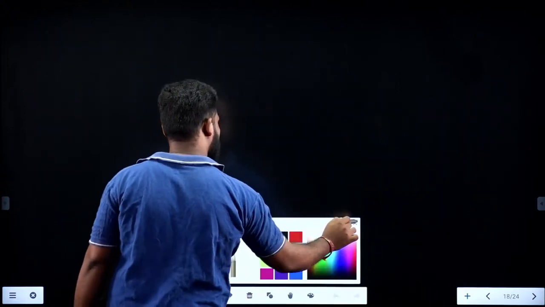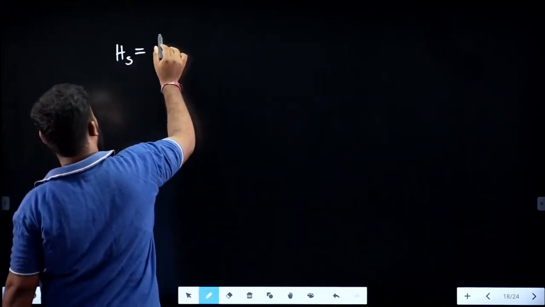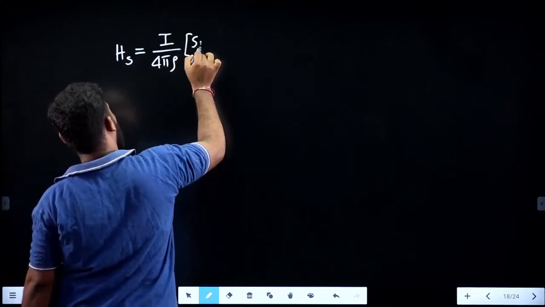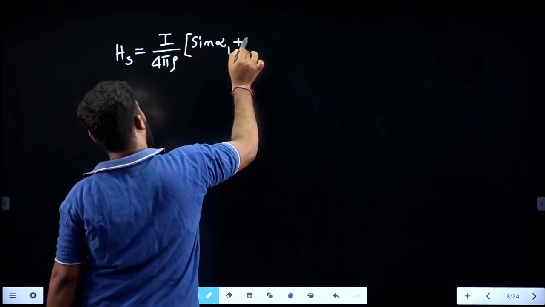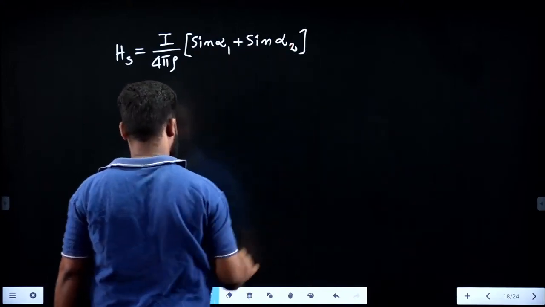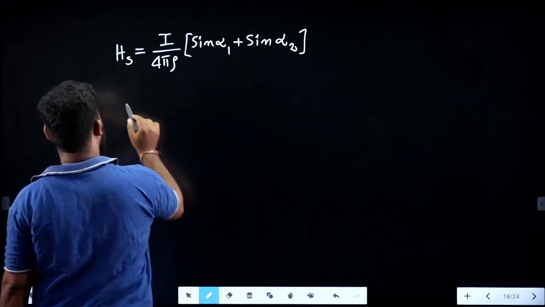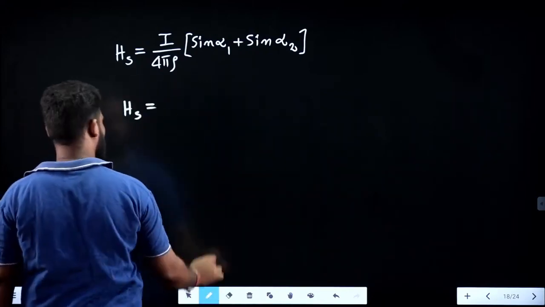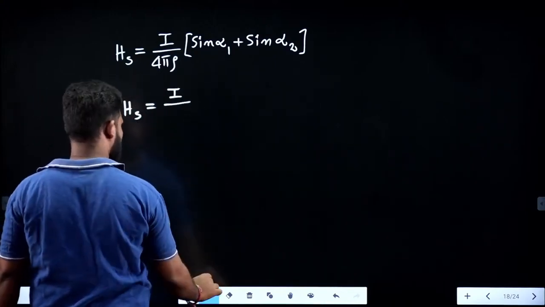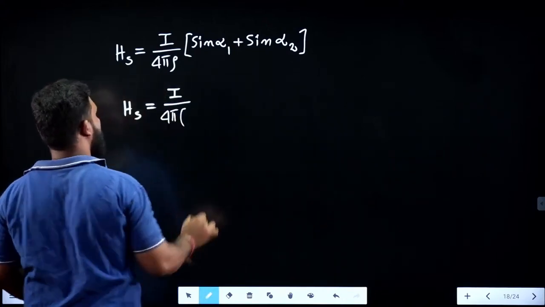What is the formula? H, I'll call it Hs, means the magnetic field due to each side, which is equal to I by 4 pi rho into sin alpha 1 plus sin alpha 2. Substitute all the values here. So Hs is equal to I by 4 pi into the perpendicular distance.